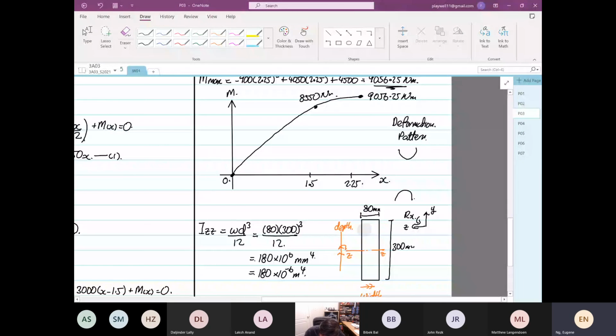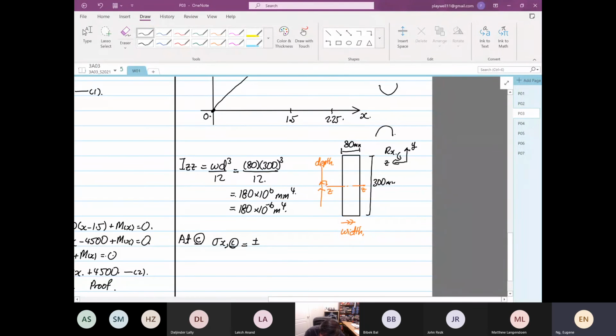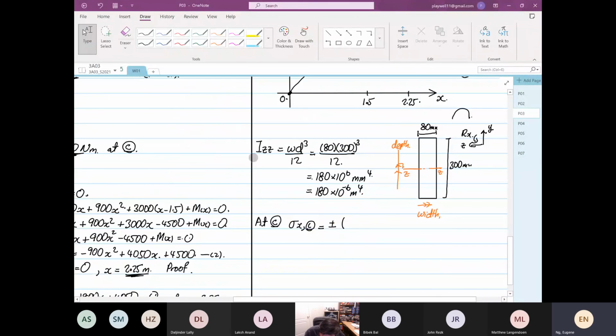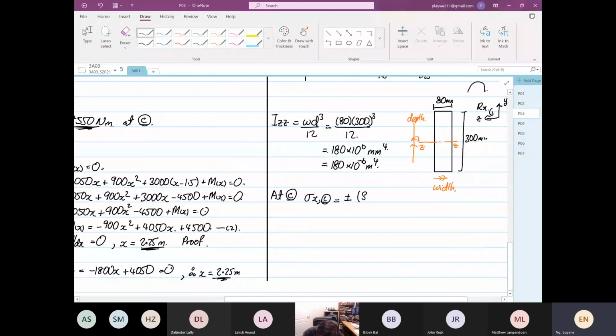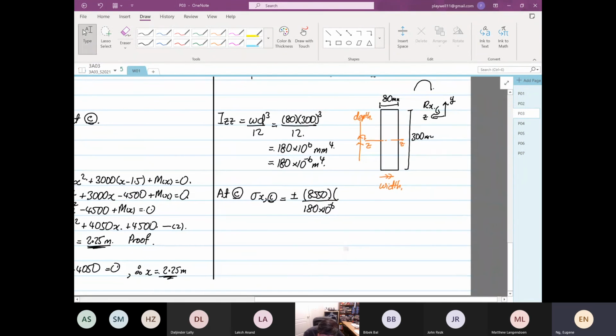So we know that at point C, plus or minus the moment. The moment we calculated is 8550 divided by 180 times 10 to the power minus 6. The y, from the centroid, is equal to 0.15.